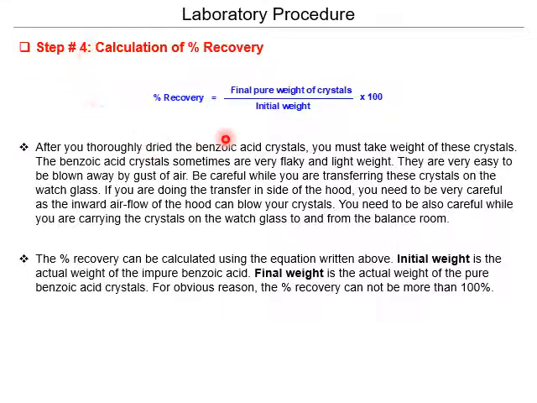So after you thoroughly dry them, you must take the weight of those crystals. So you turn off the vacuum and you carefully remove the filter paper, and you probably want to transfer the crystals on the filter paper to a pre-weighed watch glass, or a watch glass that you weigh and then put the crystals on.